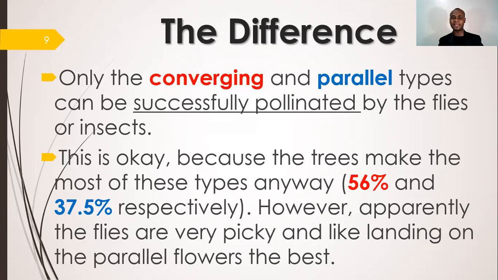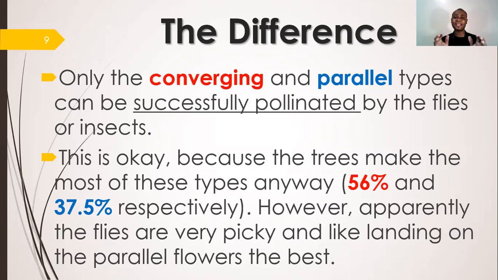Okay, now let me add a little more explanation to this. Usually, the divergent flowers tend to cover the male part of the flowers. So the pollinators find it difficult to have access to the male part or to the pollen grains. Usually below the staminodes and the petals, the male part of the flower is hidden.